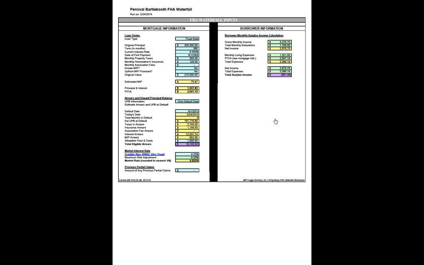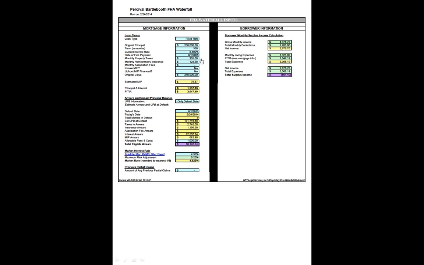Everything that gets FHA insured is either a fixed rate or an adjustable rate, amortizing. So this person has a fixed rate mortgage with an original principal of $200,000. It's a 30-year loan, and their interest rate is 8.5%. They took out this loan, I believe, in summer 2005. Their first payment was August 2005.